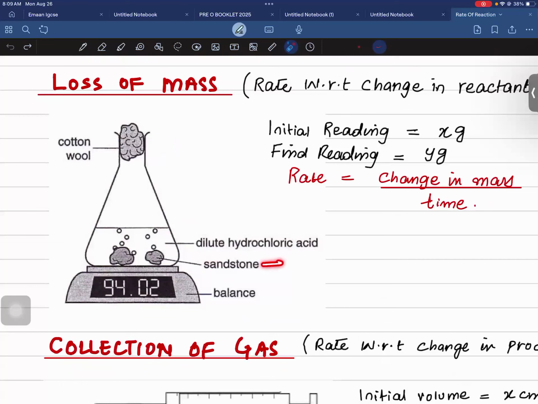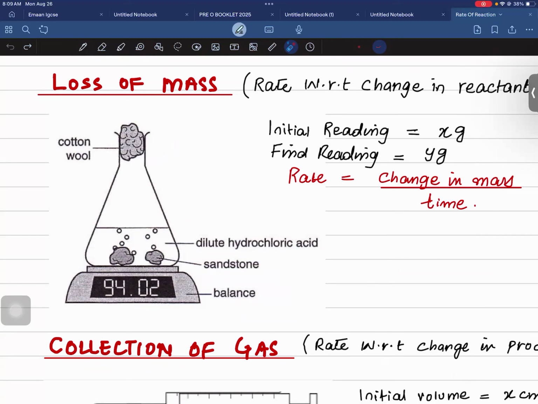Let's suppose it's calcium carbonate. So calcium carbonate, when it reacts with the acid HCl, is going to produce carbon dioxide.